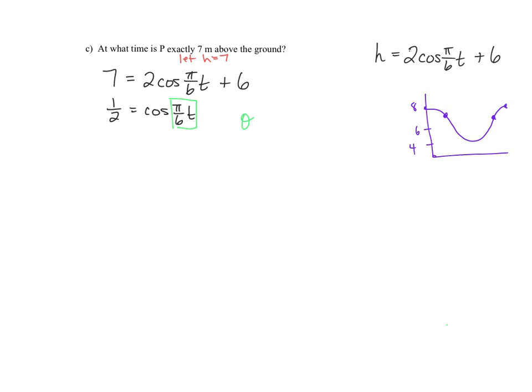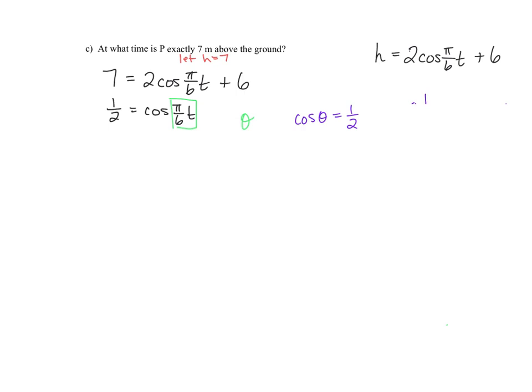So this is the same as thinking of this as cos theta is equal to 1/2, right? That pi by 6 is part of the angle. So we cannot divide that pi by 6 out right now. We have to think about cos theta is equal to 1/2.